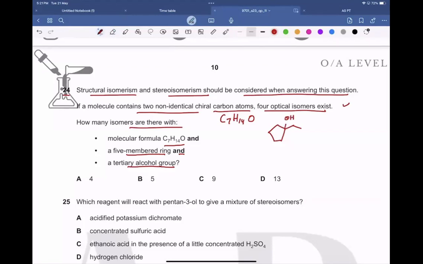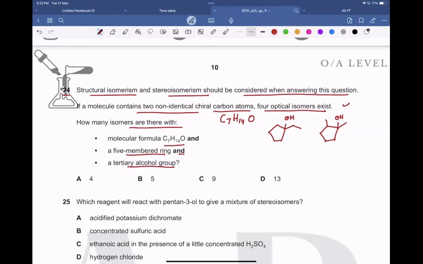If I put an OH over here, is this understandable? Then there is the second possibility. If I make the two carbons like this and put an OH group over here, then it can be another with a 5-membered ring and a tertiary alcohol on it. So there are two right now, right?